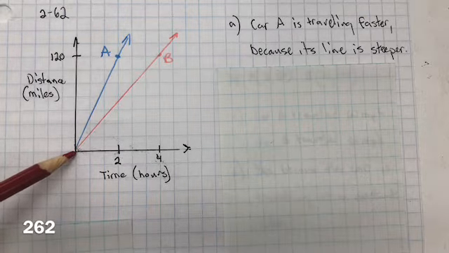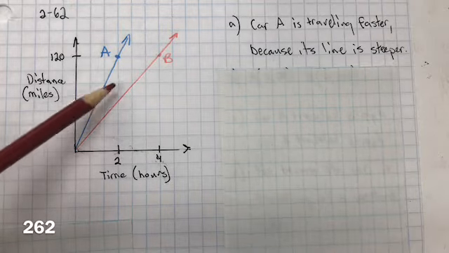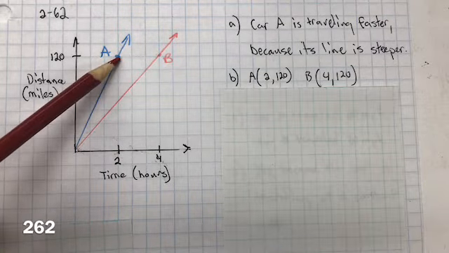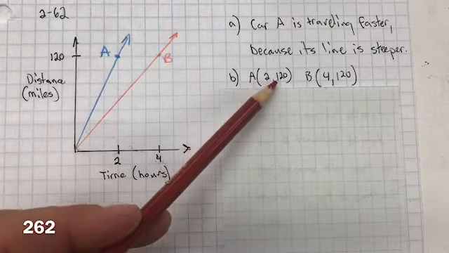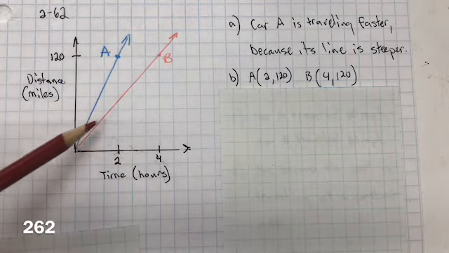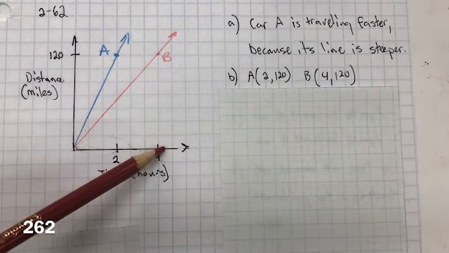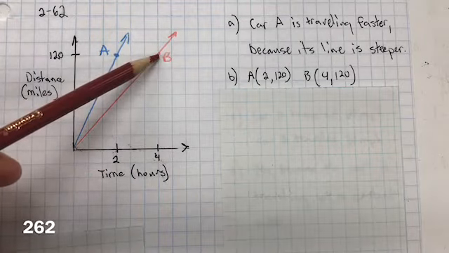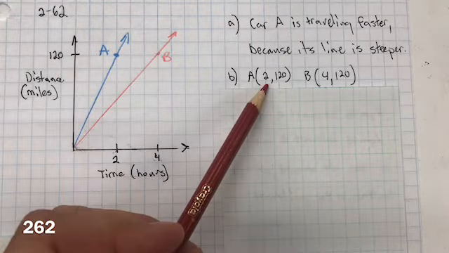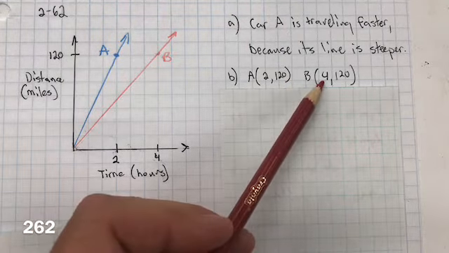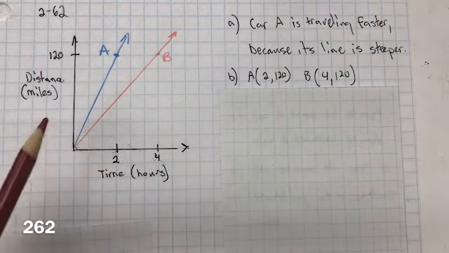So x is 2, comma, 120. And B is 4, comma, 120. This is the x-axis, this is the y.